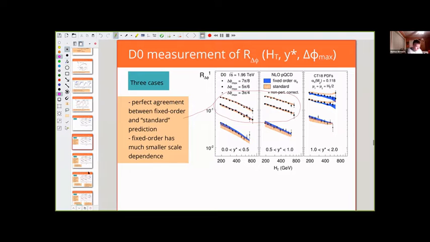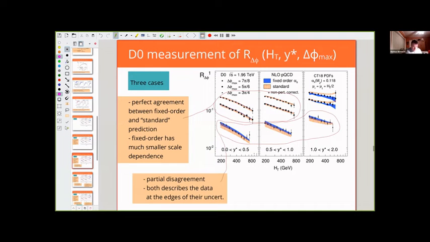Then we have these three regions here, where we have a rather small delta phi max requirement. Here we're running slowly out of phase space in the next to leading order calculation. And first of all, you see that the quantity is much smaller here, right? So it's very few jets that pass this.